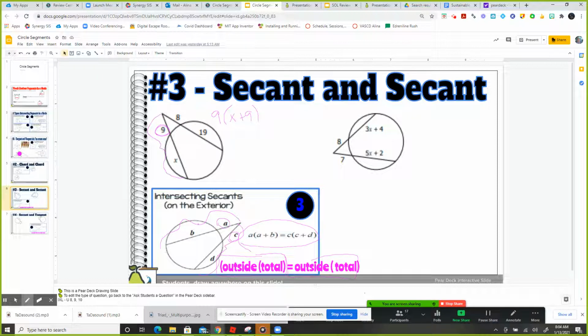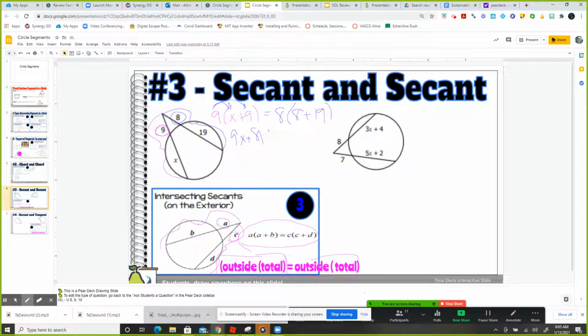And then for my other side, I'm going to do the same thing. The outside, always start with the outside, times the total. So 8 times 8 plus 19. And that's the equal sign. So if I distribute, 9 times x is 9x, and 9 times 9 is 81. I'm going to add those two together.